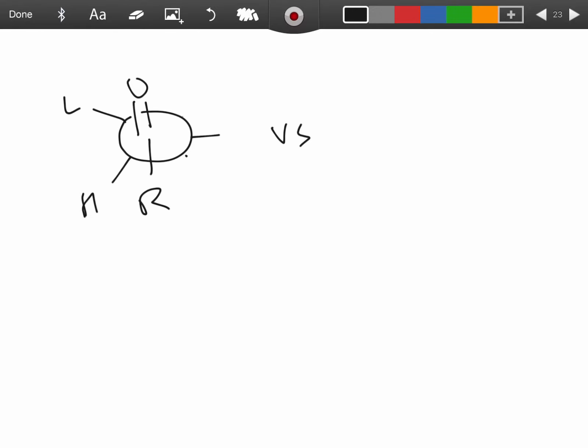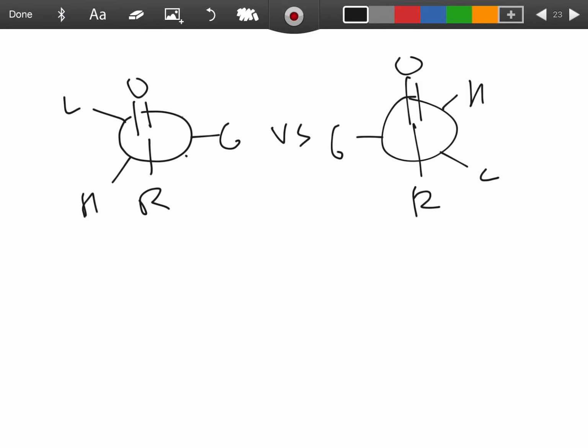H, L, G, L, H, G. So you get the same two possible conformations, right? But when R equals H, you get a mixture of products.